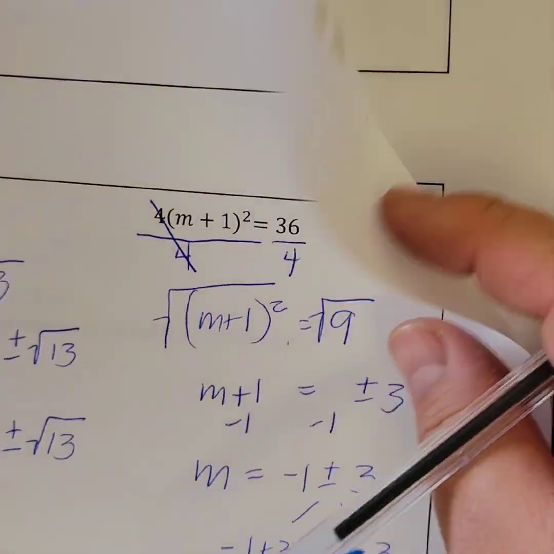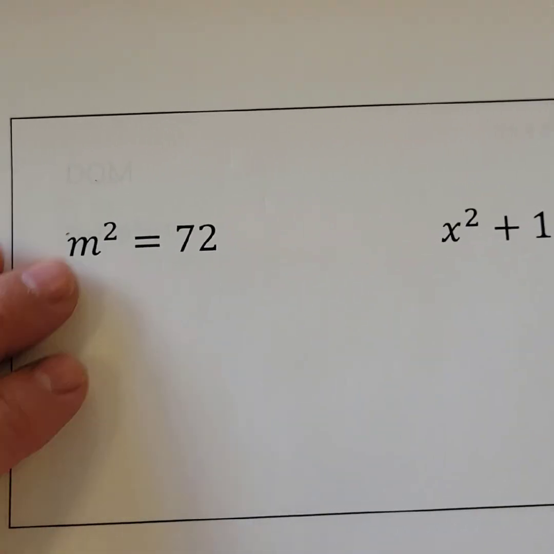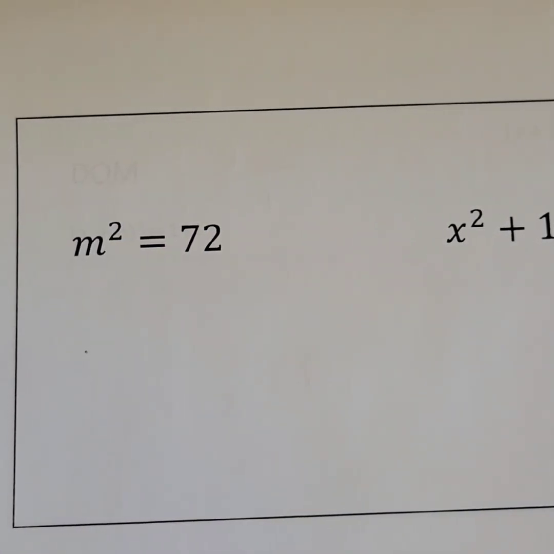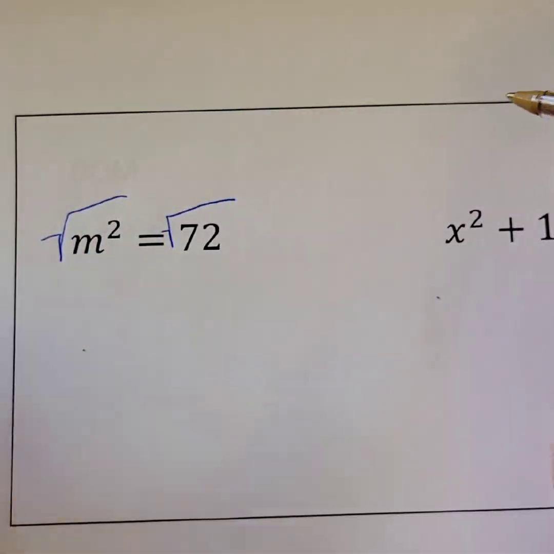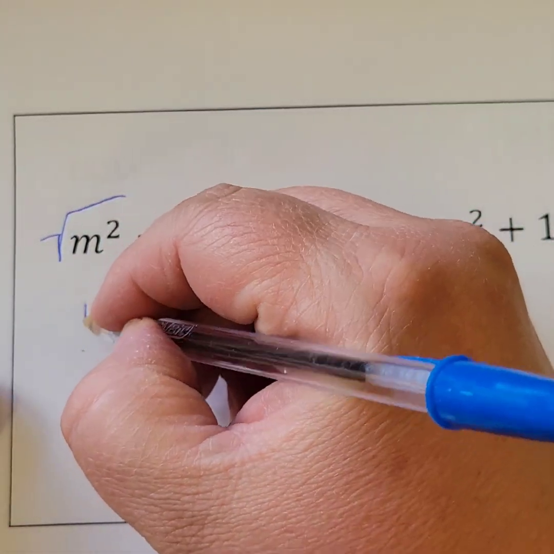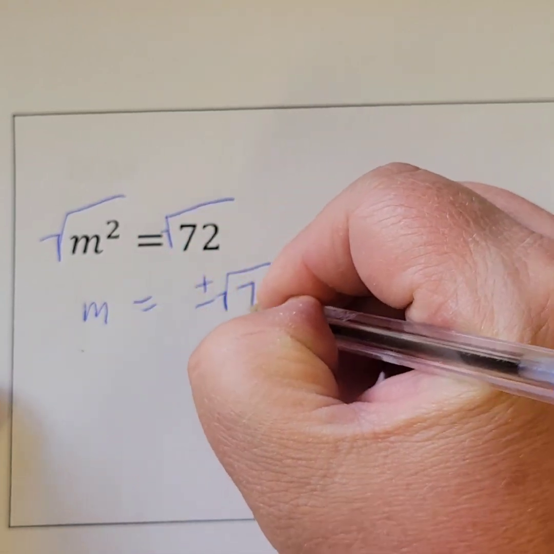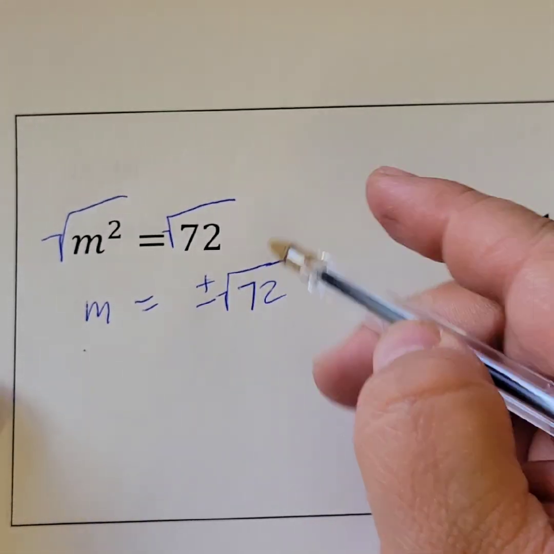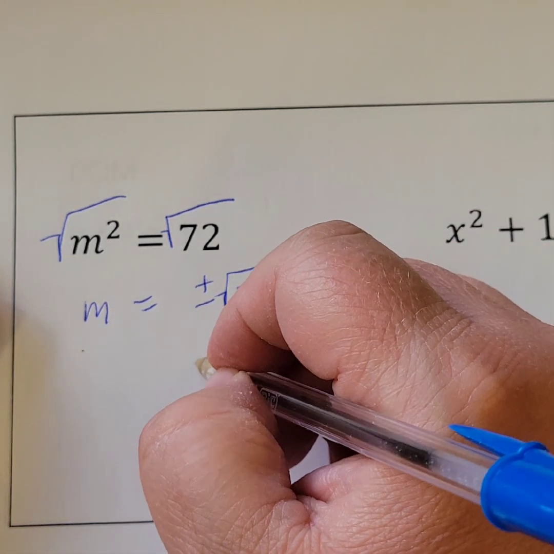All right, next. So then we have something like this. Well, there's nothing else to be done other than just square rooting it. So we have m equals plus and minus the square root of 72. Well, 72 can be broken into two numbers; this is the one where we find the perfect square.